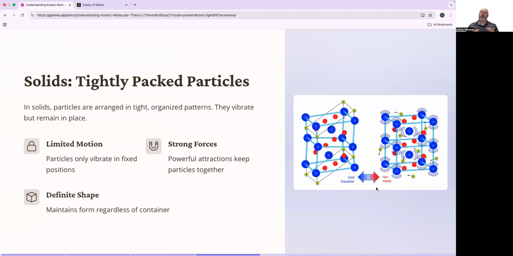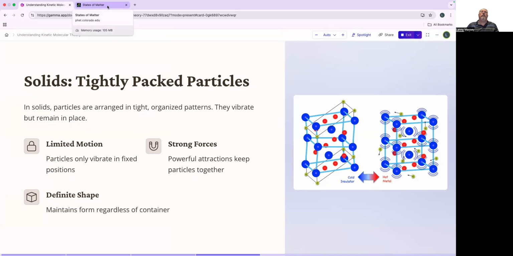At some point, if we add enough energy, some of those bonds will break and it will become liquid. With metals, we have to get to several hundred degrees. With water, it's 0 degrees Celsius or 32 degrees Fahrenheit. And remember, solids have a definite shape.